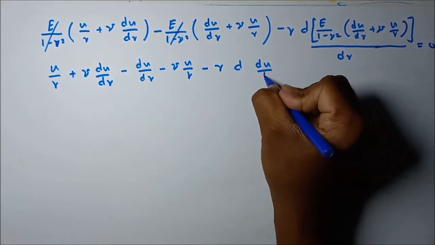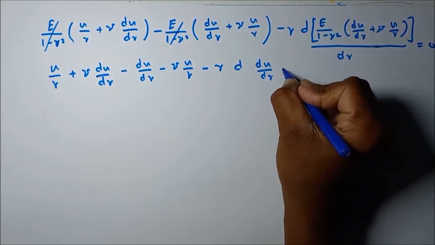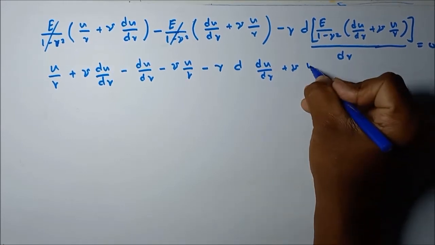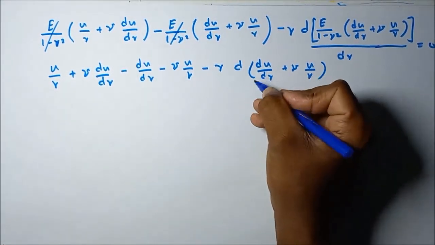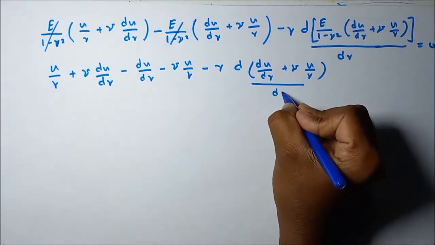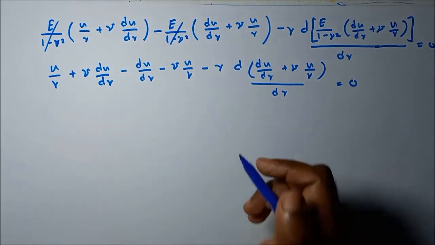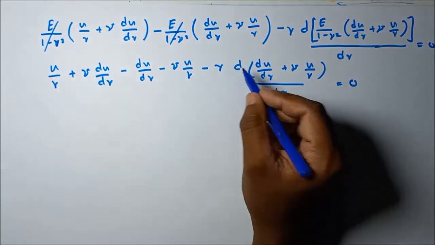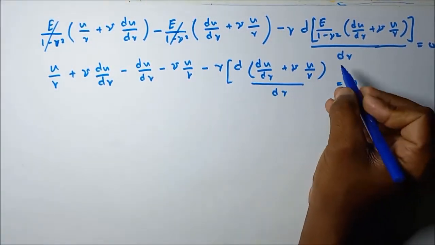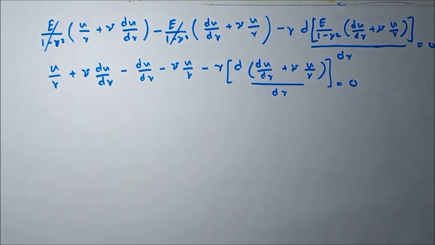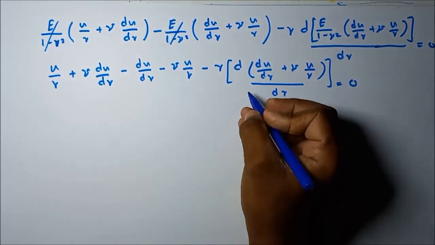du over dr plus nu u divided by r, derivation of dr is equal to 0. Then the derivation of this one, here it is multiplication, no? Multiplication, okay. So then what is the derivation of this one?